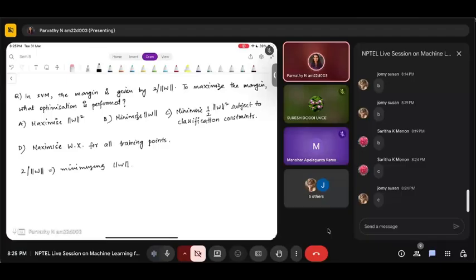For mathematical convenience, for smooth gradients when we compute gradients, this is usually written as 1 by 2 norm W square. This is done for convenience in calculating gradients. So that is why it is minimizing 1 by 2 of W square.